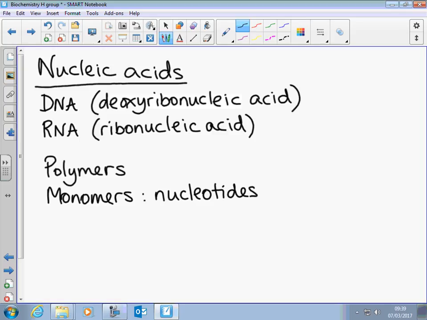Now, the way it's arranged in the nucleus is something that we will come on to later, but I will put it in here. DNA is not just randomly tangled up in the nucleus. It is actually organized, because if you think of how you would use information from a great big strand of a chemical.